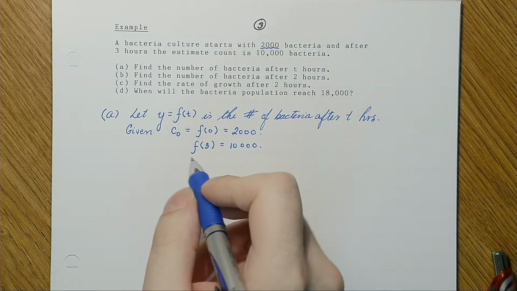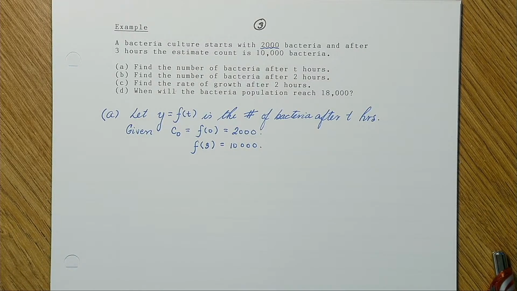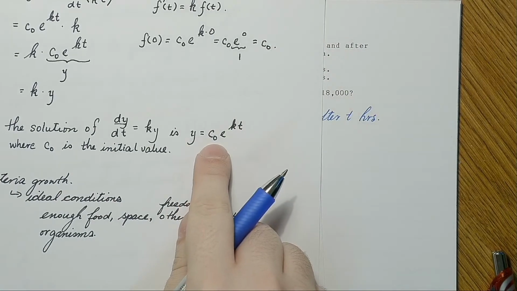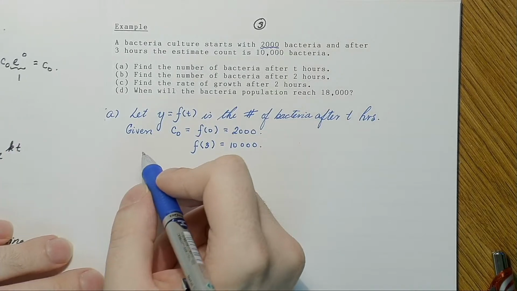So what we have is we're using our solution. We know that our solution is of the form y equals c naught e to the kt. I'll just write that over here again.